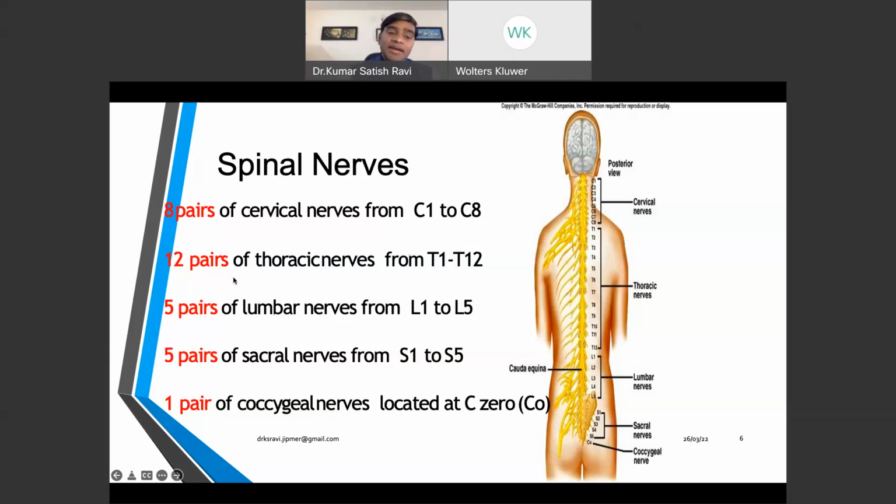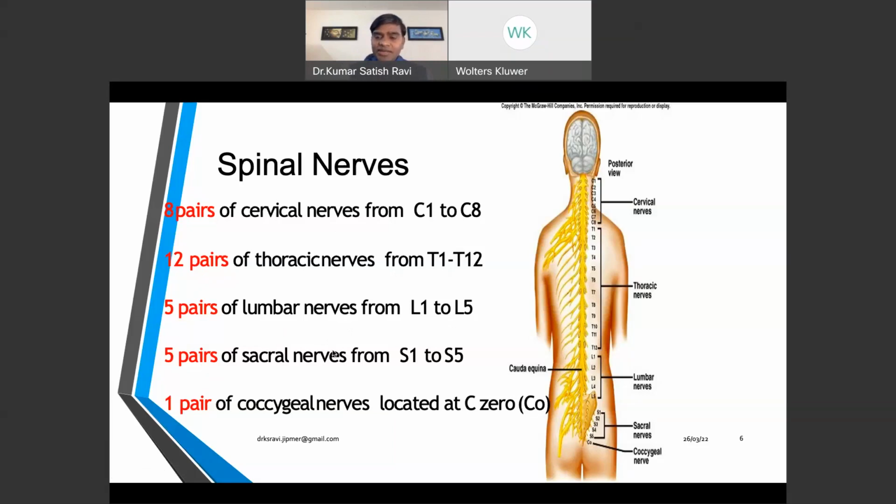We have 12 pairs of thoracic nerves, from T1 to T12. Then we have 5 pairs of lumbar nerves, from L1 to L5. We have 5 pairs of sacral nerves, denoted S1 to S5. And we have 1 pair of coccygeal nerve, which is located at Co.